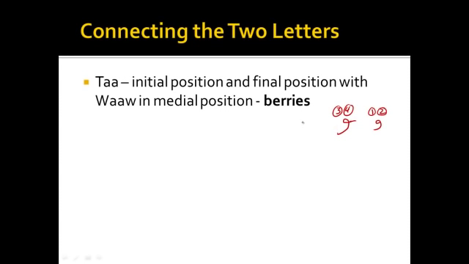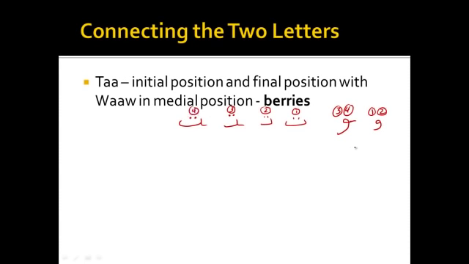And we have the ta in the independent position, the ta in the initial position, the ta in the medial position, which is number 3, and the ta in the final position, which is number 4.